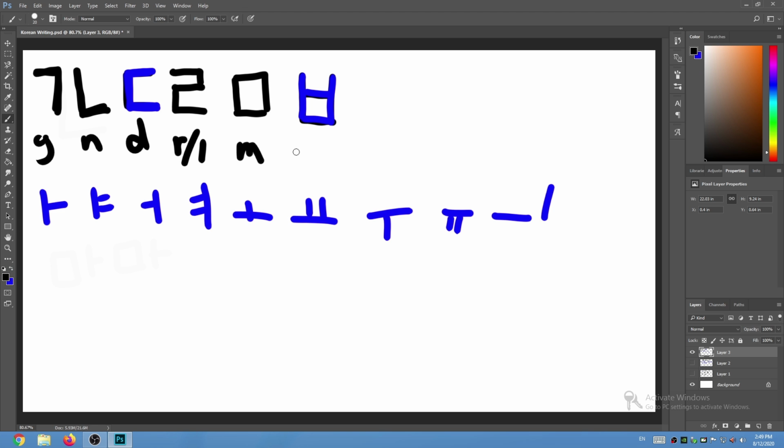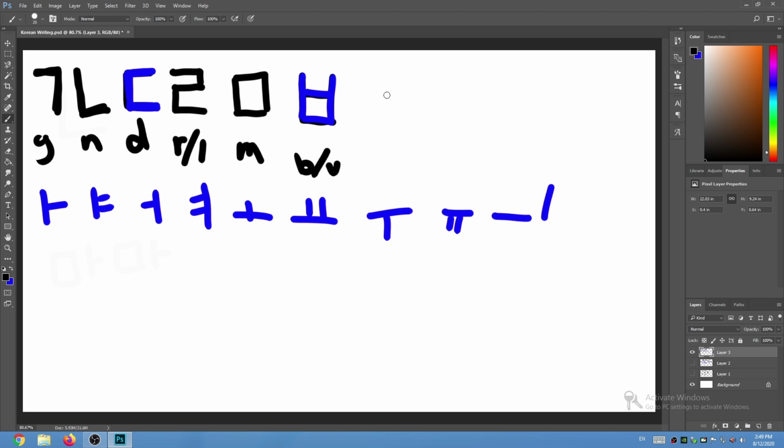This actually has a B sound, but sometimes it can also have a V sound, because Korean doesn't have one or the other, but this is most commonly more of a B sound. So we always have to remember, B for biap is correct.